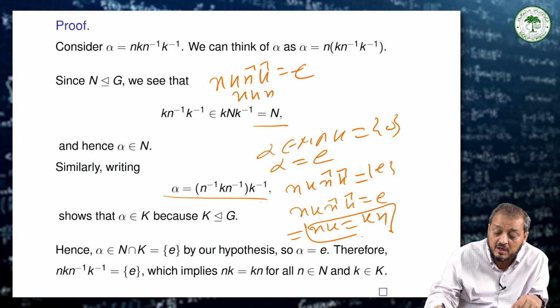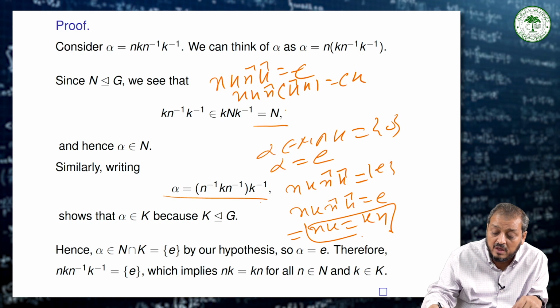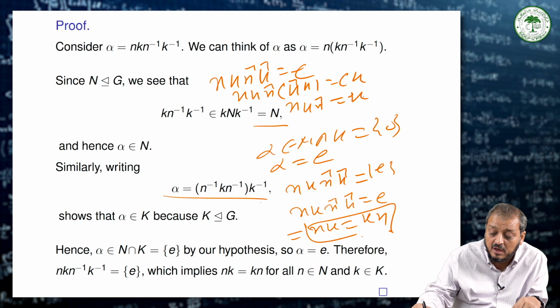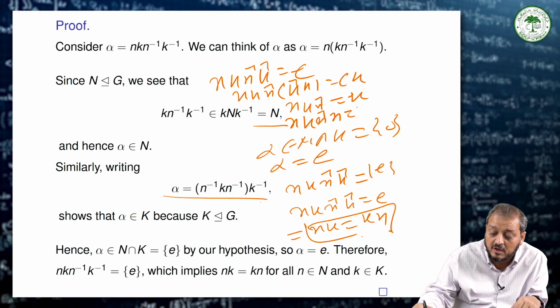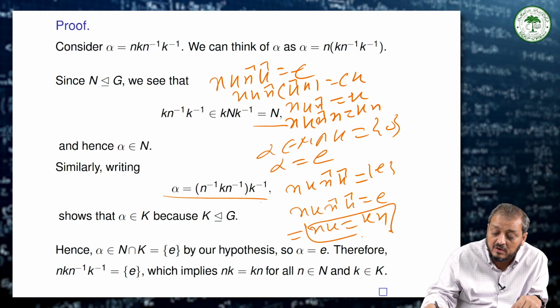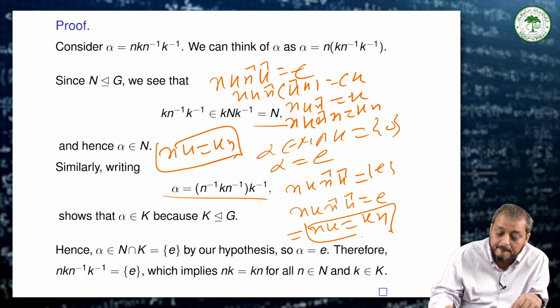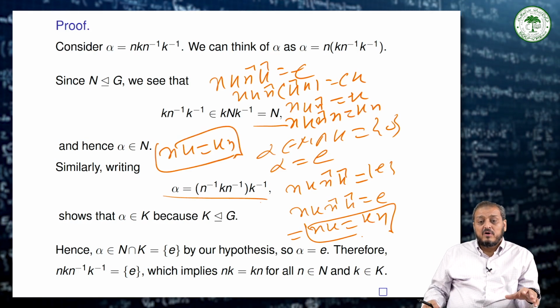We can write n k n inverse, with k inverse k equal to e, and then you have n k n inverse is equal to k, then again n k n inverse n is equal to k n, and then we have shown that nk is equal to kn. So this completes the proof of the theorem.